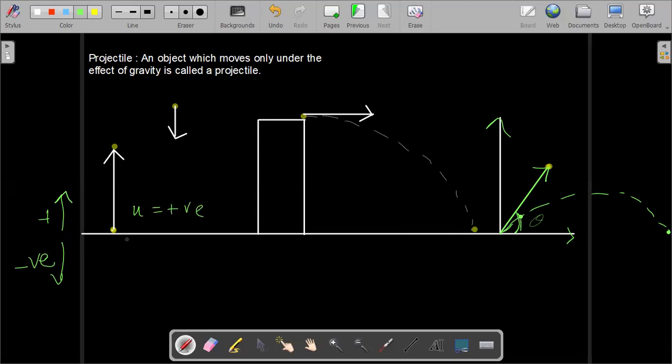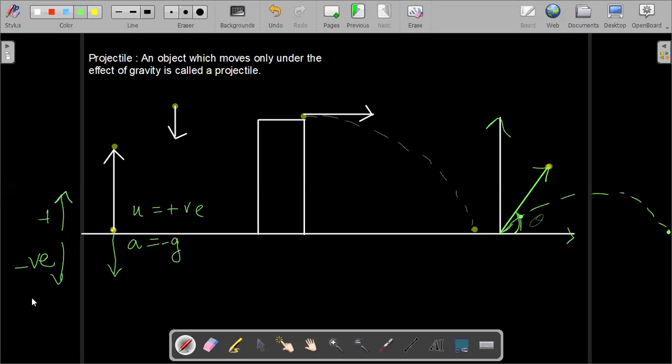I will take my acceleration a, which is equal to gravity, as negative, since it acts in the downward direction, and we have chosen the downward direction to be negative. Got it?